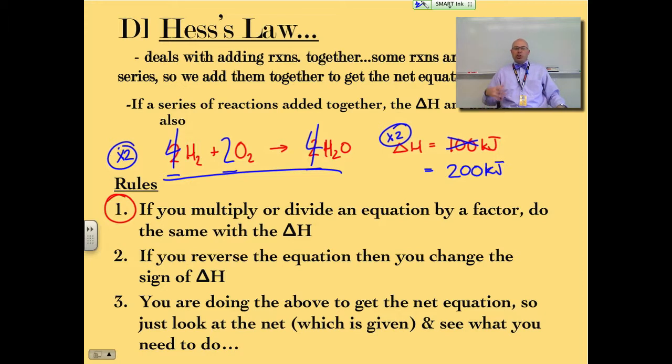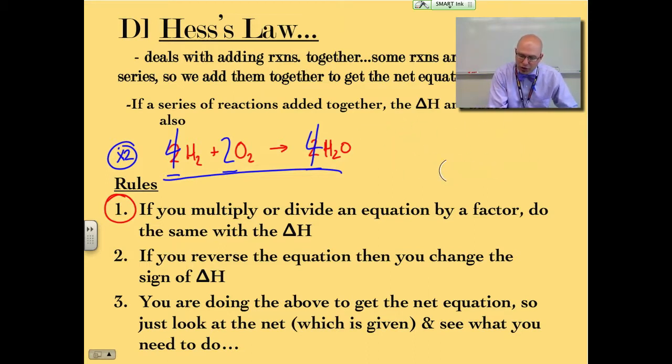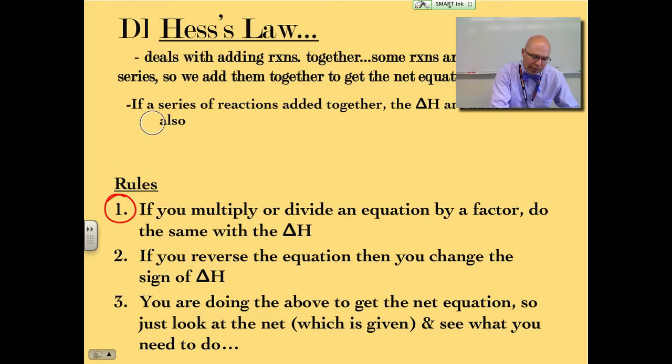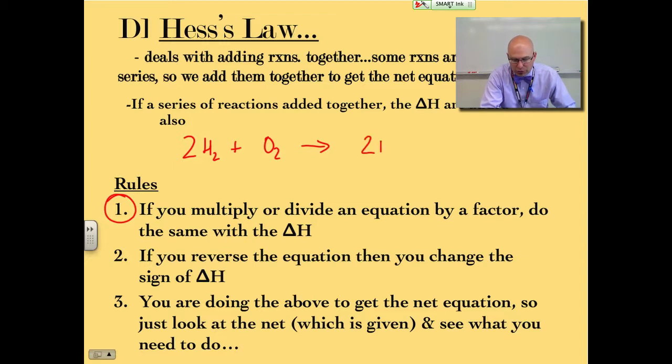Obviously, you could multiply by 3, 4, 5. You can multiply by any factor, or you could divide. Let me erase this real quick and just show you. Again, if we have that 2H2 plus O2 yields 2H2O, and our delta H for that was 100 kilojoules.